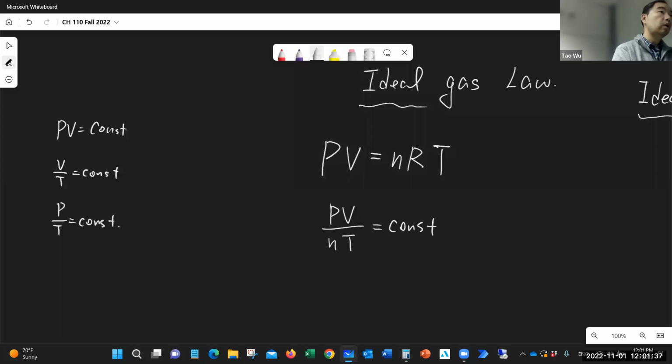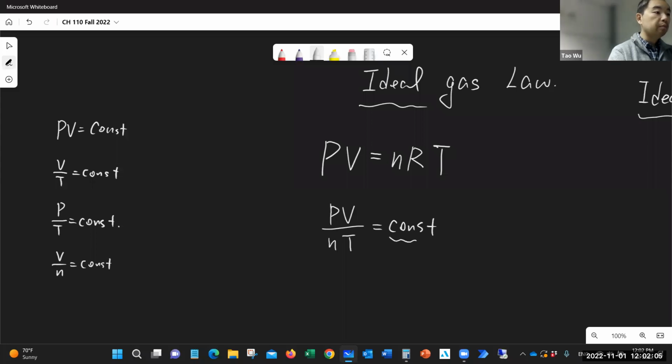And the last one is Avogadro's law: V over n equals a constant. If you combine them together, you get PV divided by nT equals a constant. You see, n is on the bottom, T is on the bottom, P and V on top.